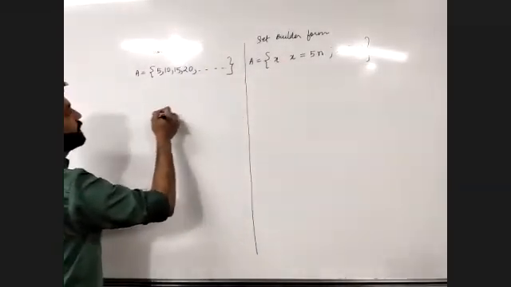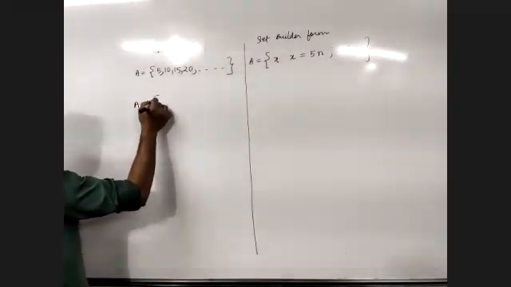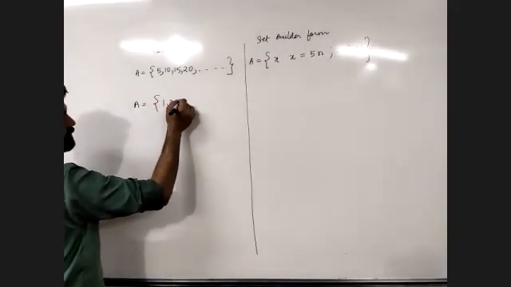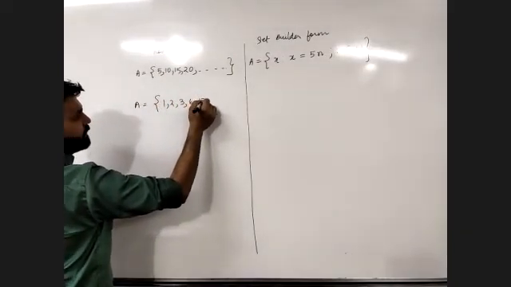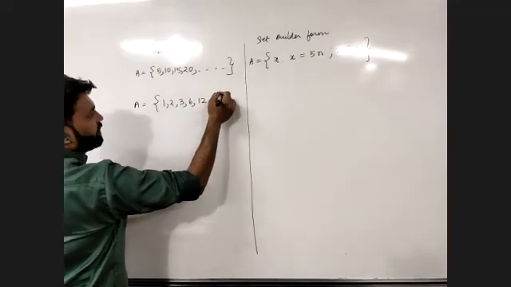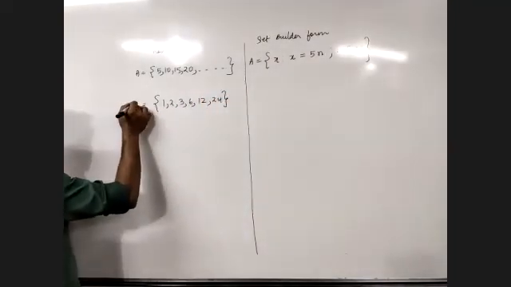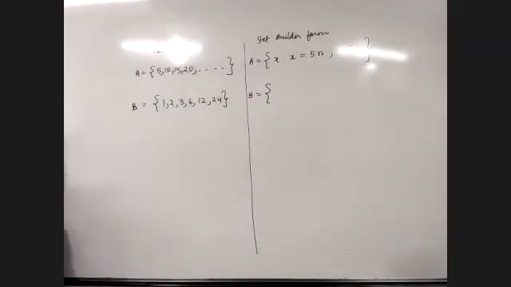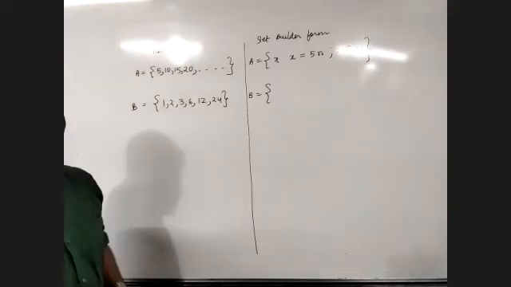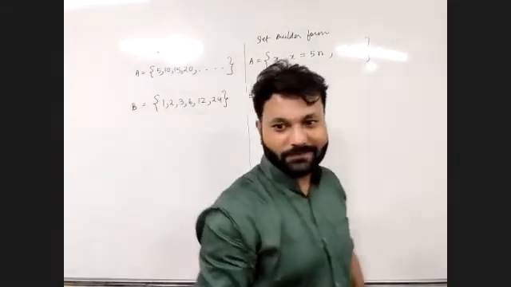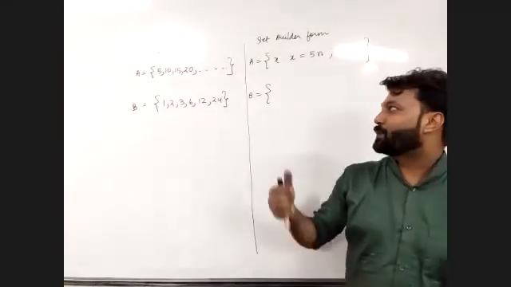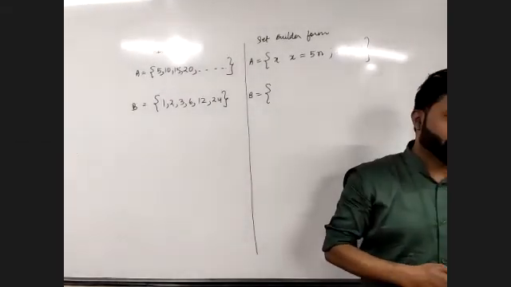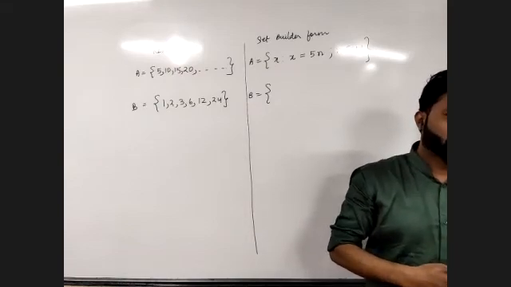If I write A is equal to {1, 2, 3, 6, 12, 24}, what will be the corresponding set builder form? Multiples of 6? Multiples of 3? How will 1 be a multiple of 3?